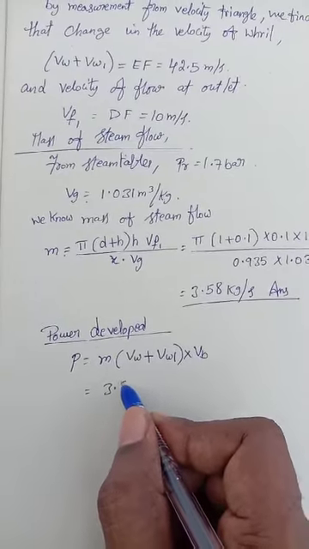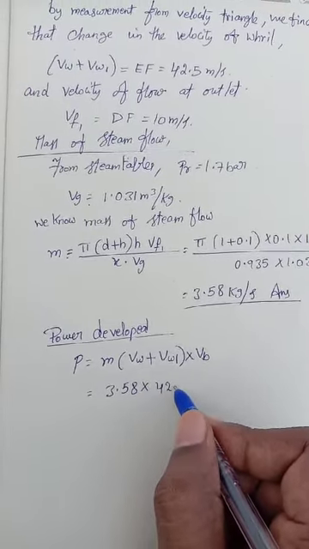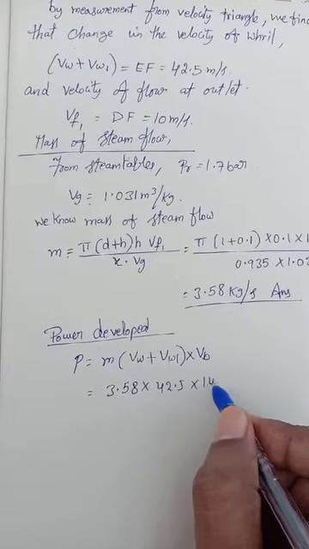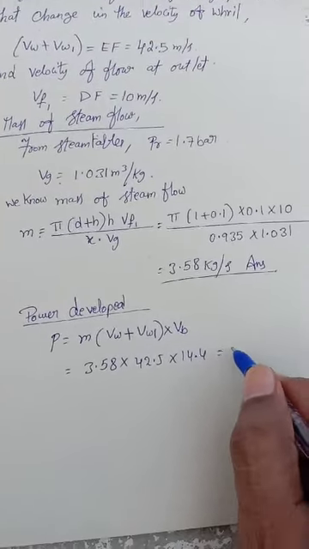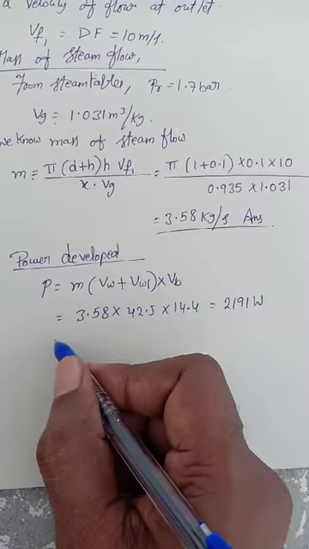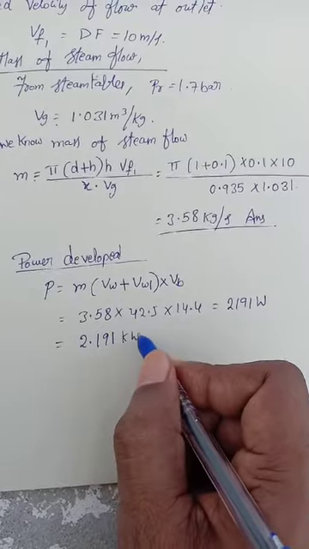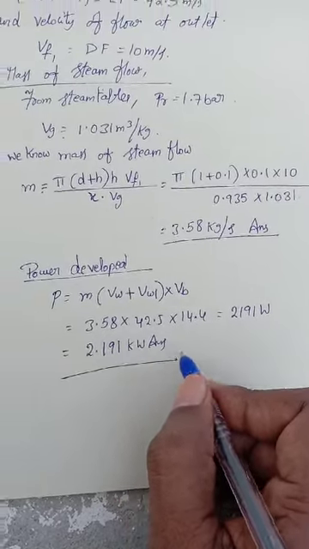So then 3.58 into 42.5 into 14.4. The value will come approximately 2.191 kilowatt. This is the answer you will get.